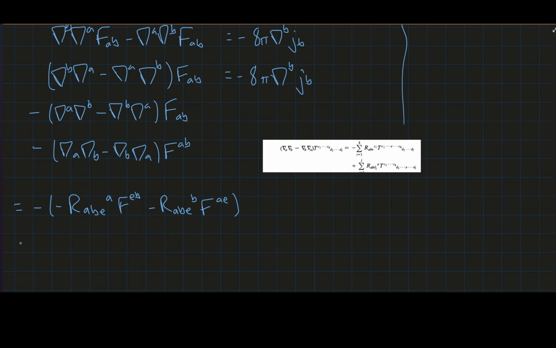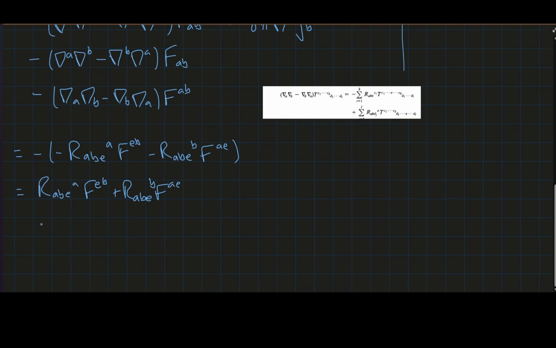Okay, so we can let the minus sign distribute here. So we end up with R_ABE^A F^EB plus R_ABE^B F^AE. And furthermore, the second term can be rewritten as a Ricci tensor.